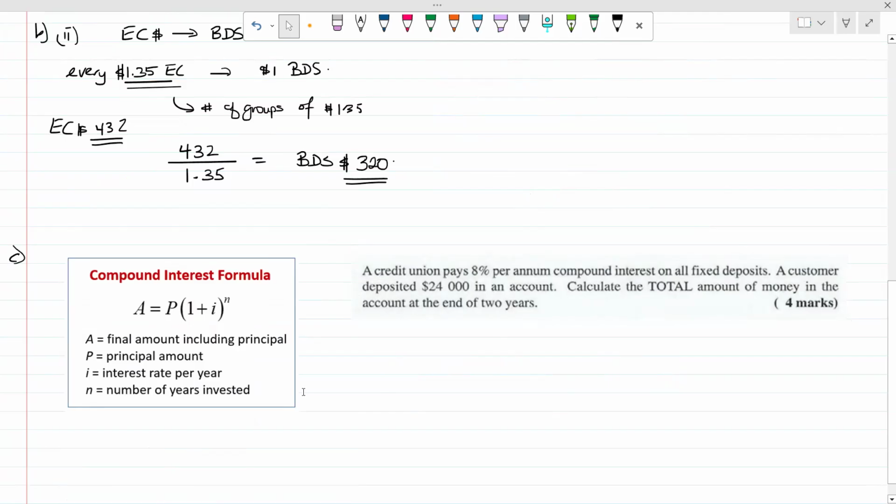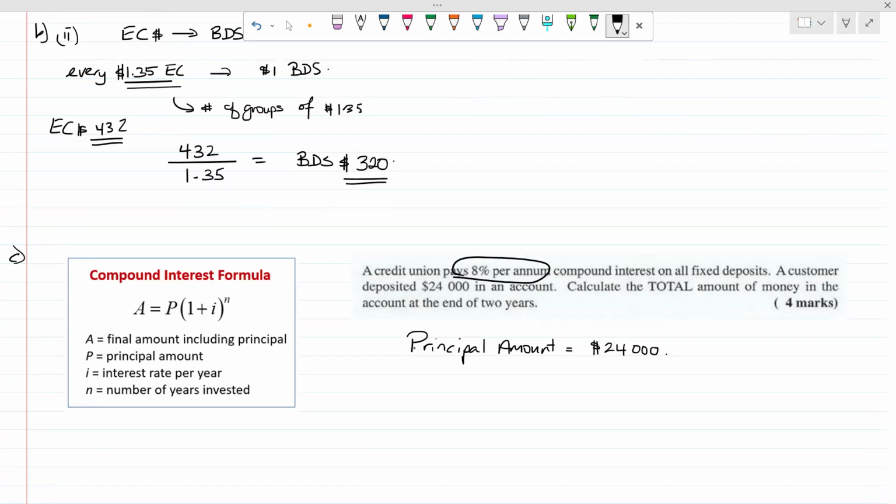So they want us to calculate the total amount. The amount is the final amount A. The principal is the amount that the customer deposited, so our principal amount is 24,000. I is the interest rate, 8% per annum.